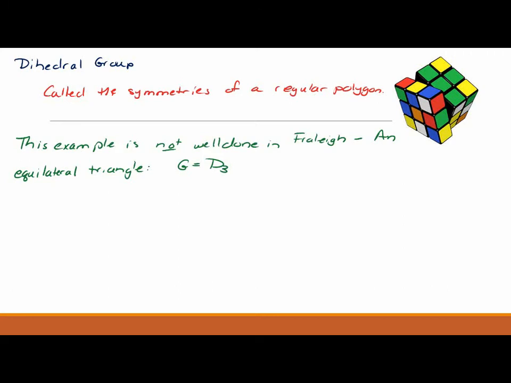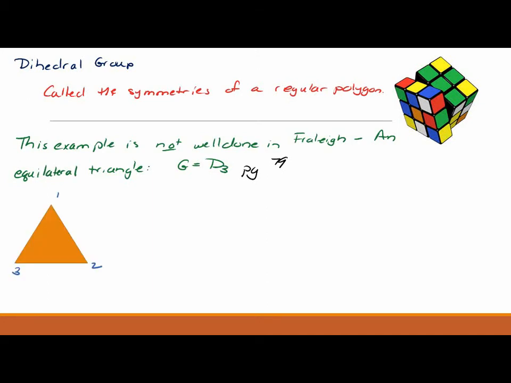So I'm taking the little subscript to mean the number of vertices that we're working with in the polygon. So D4 would be a square, D5 would be a pentagon, for example. This example appears on page 79, if you want to take a look. But you're going to probably get a better treatise of this online.